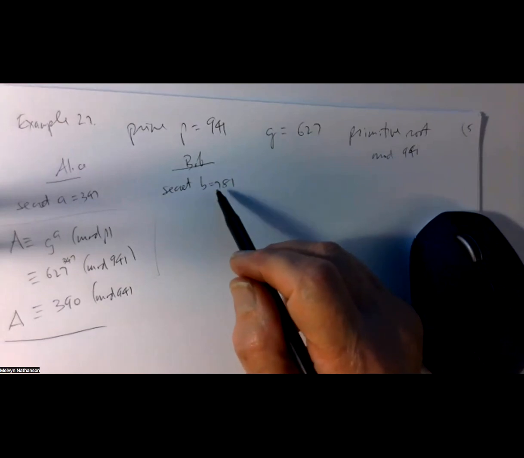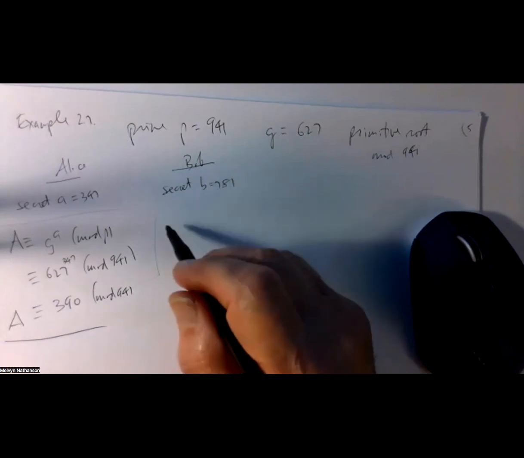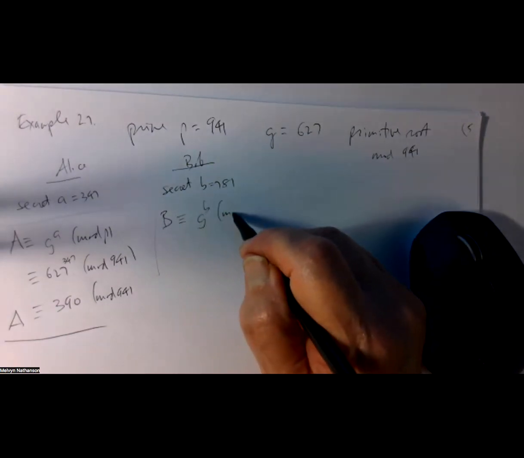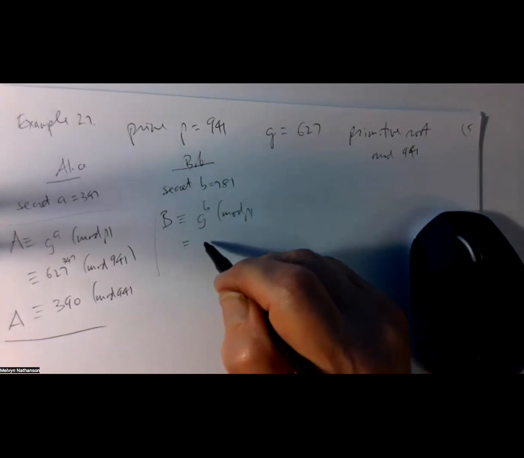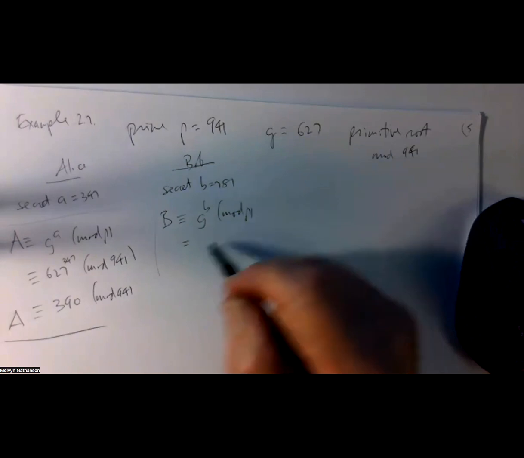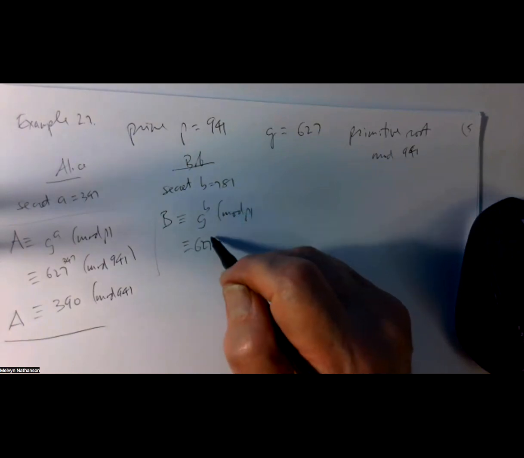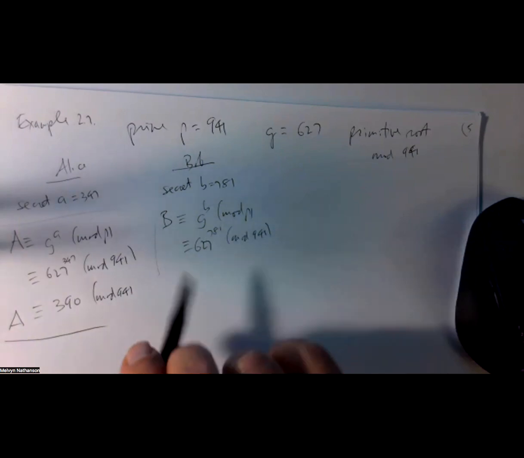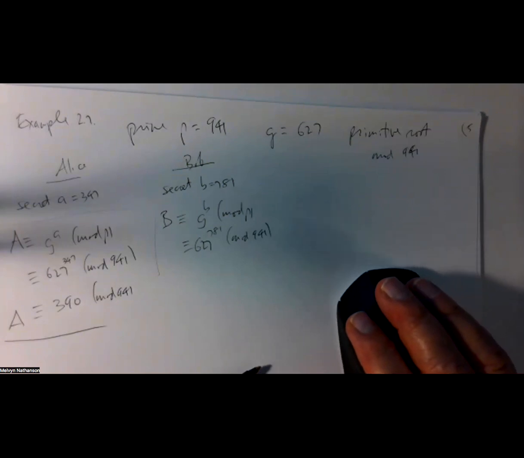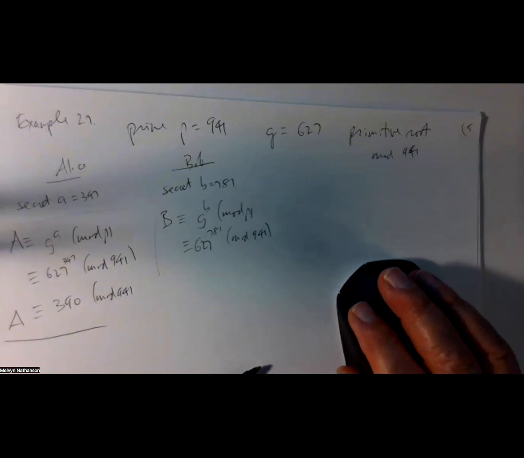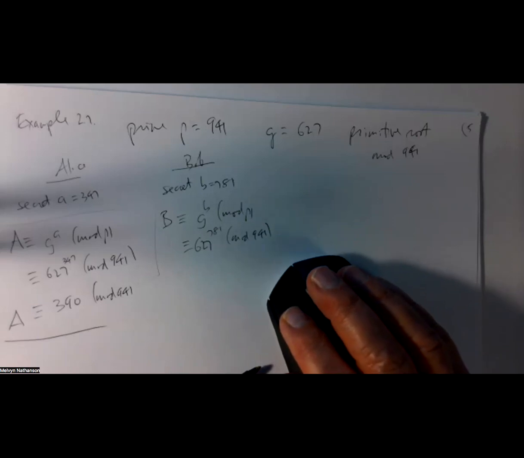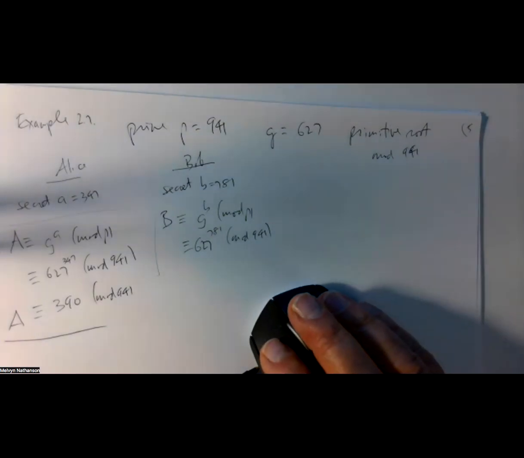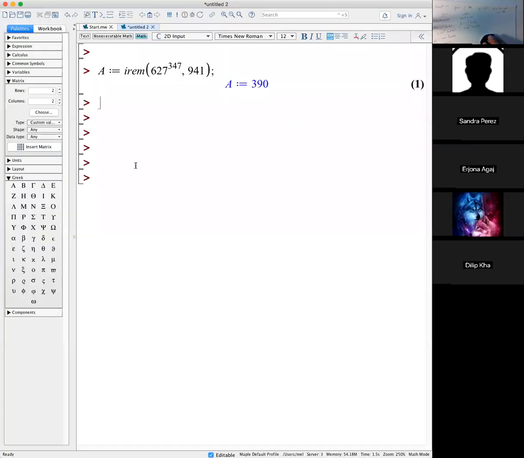Now, Bob chose the secret number 781. So his number, capital B, is G to the b mod P. What is that? That's 627 raised to the power 781 modulo 941. Let's just see whether Maple will still give me the right answer. Let's see if I can share the screen again. Okay.